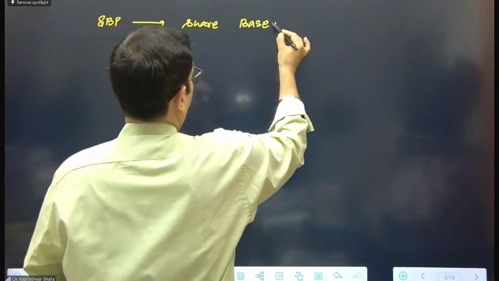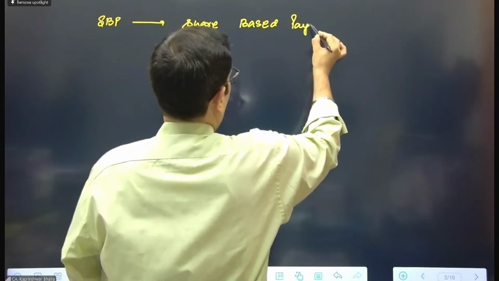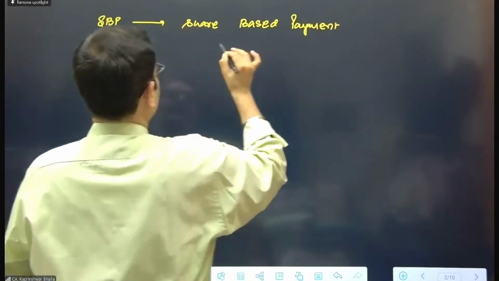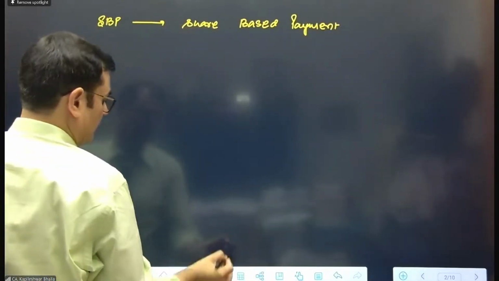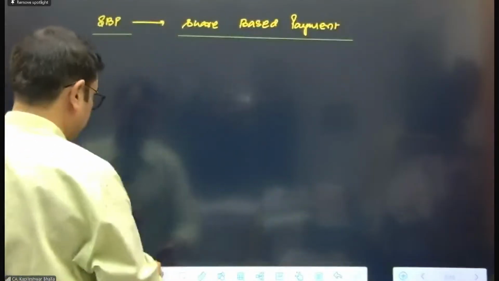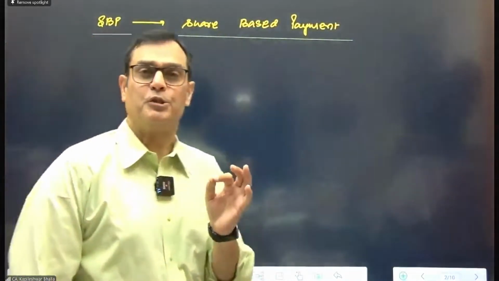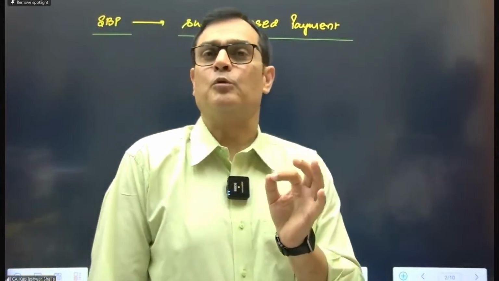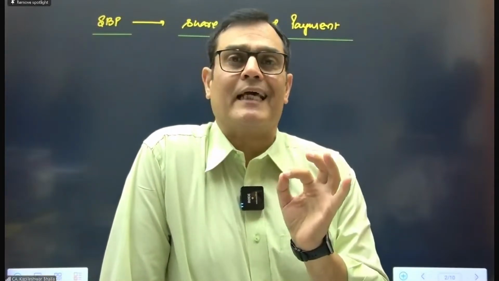I'll not recap the logics in this case. We've already discussed the logics in the detailed sessions on this standard. So I'm just going to make a quick summary chart revising how share-based payment impacts the calculations of the purchase consideration.